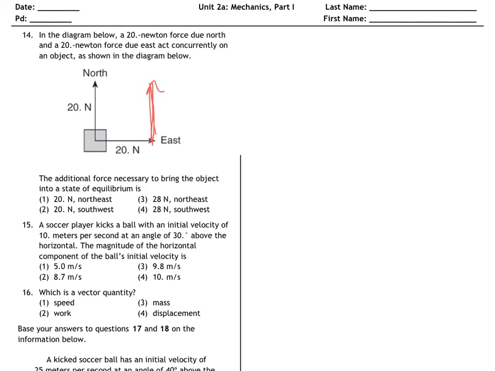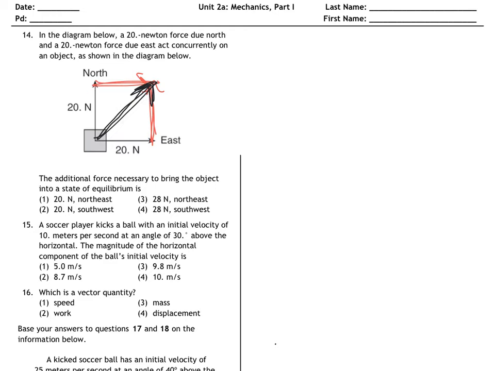And I'm going to mirror the horizontal force as well. What you can do with this is construct a hypotenuse really easily. Just go from the beginning to the end, and you can see which direction it's going. It's definitely going a little bit to the right and a little bit to the top.